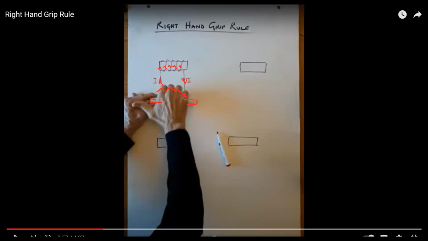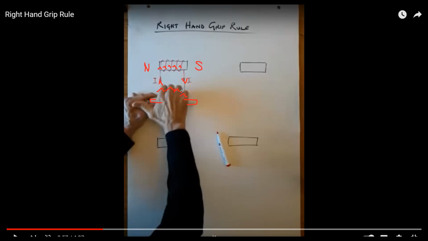So the current is going up this way, so you grip it, your fingers following this. Now the thumb here, you notice the thumb points to the left-hand side. So where the thumb points to is the north pole of the magnetic field that is created. So the other side will be south pole.